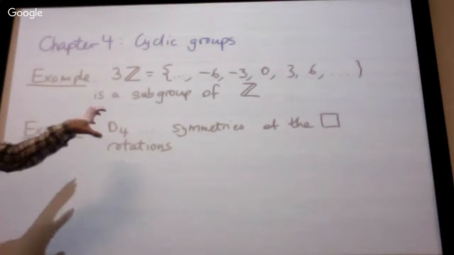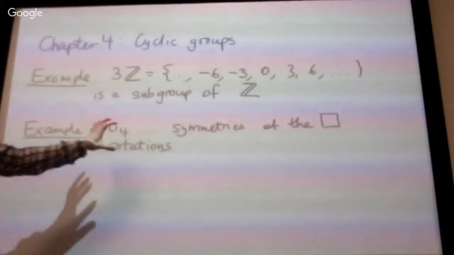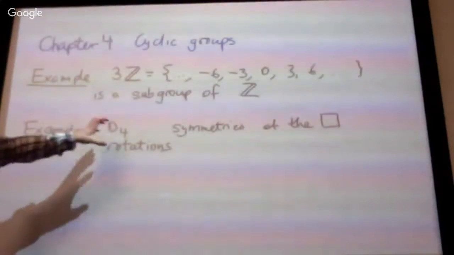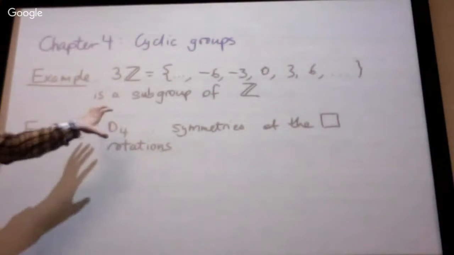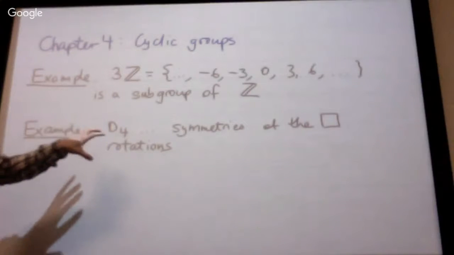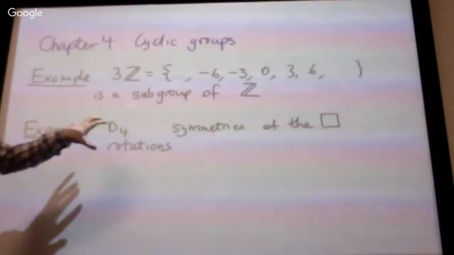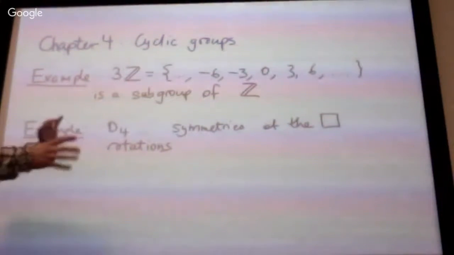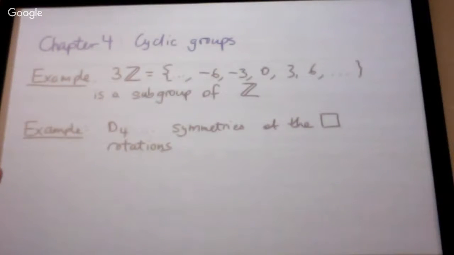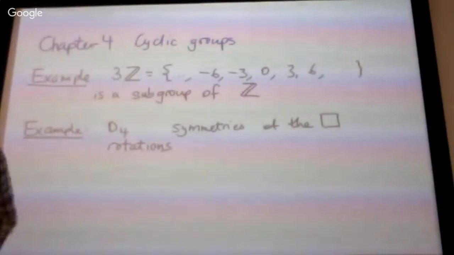Anyway, rotations form a subgroup, because the 0 rotation is the identity, so you don't rotate by 0 degrees. And the inverse of a rotation is the opposite rotation, so that's also in the group. So we've got compositions of rotations. So this is a subgroup.